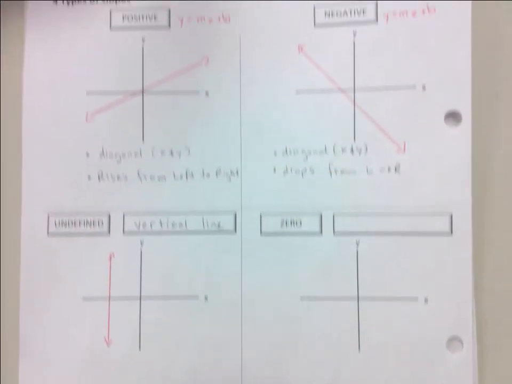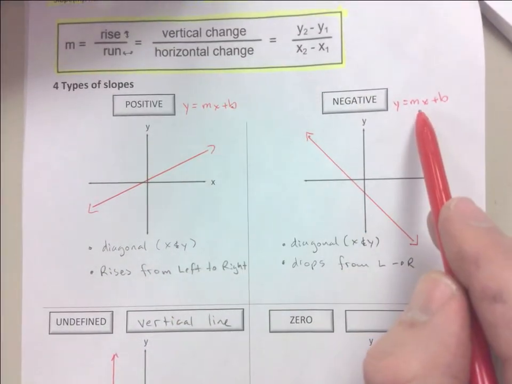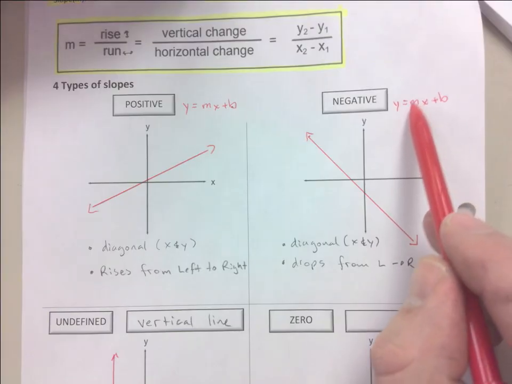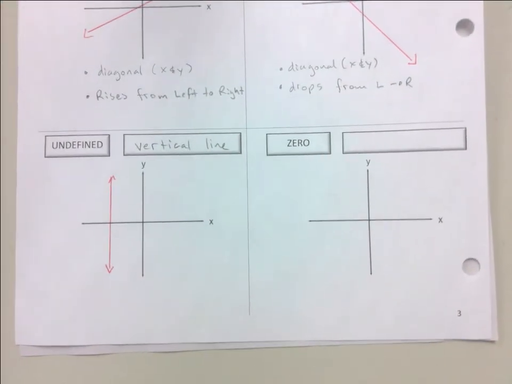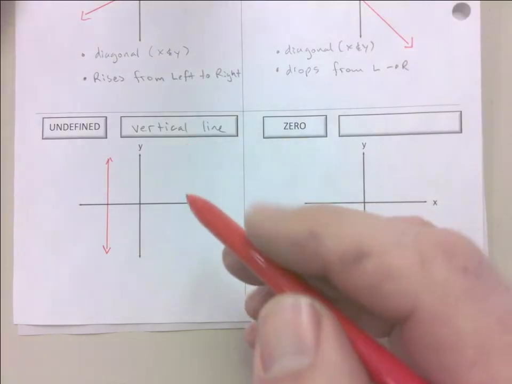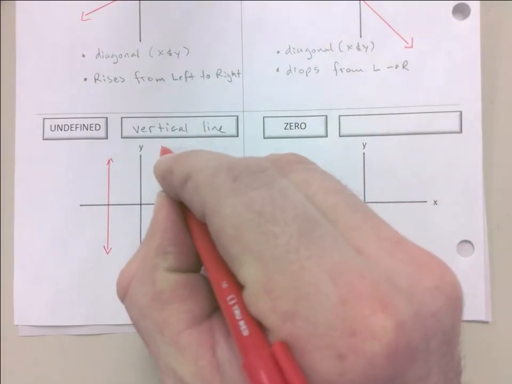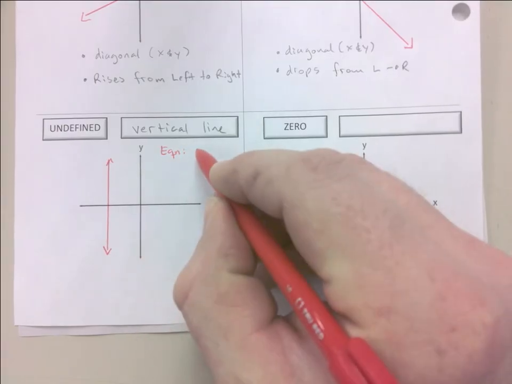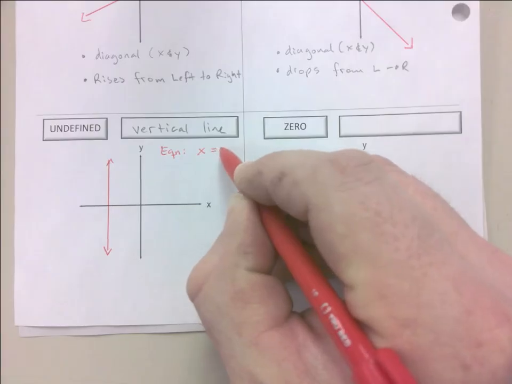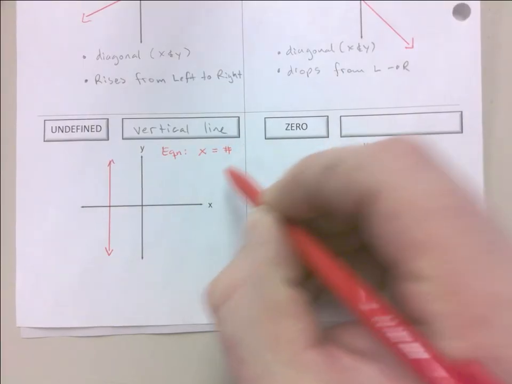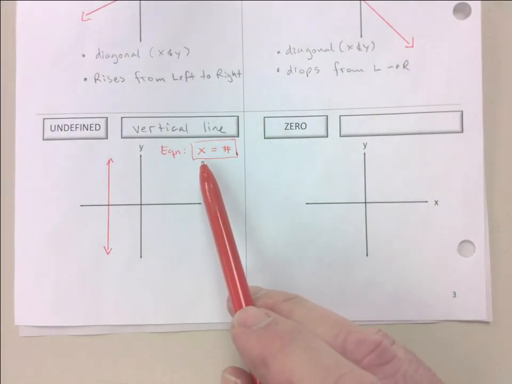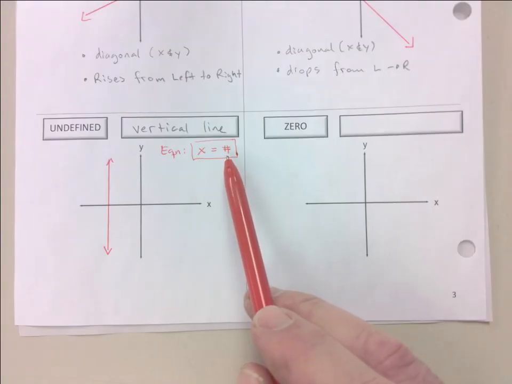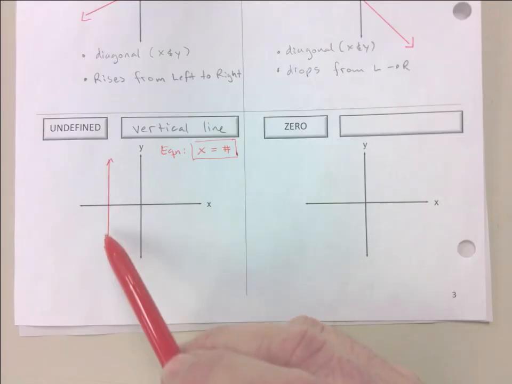It still looks exactly the same as above. You will just see that m is negative when you look at it. Then there's a vertical. This one always looks like this. The equation of this will always be x is equal to a number. If you ever see x is equal to a number, you know it's a vertical line, and you know the slope is undefined.